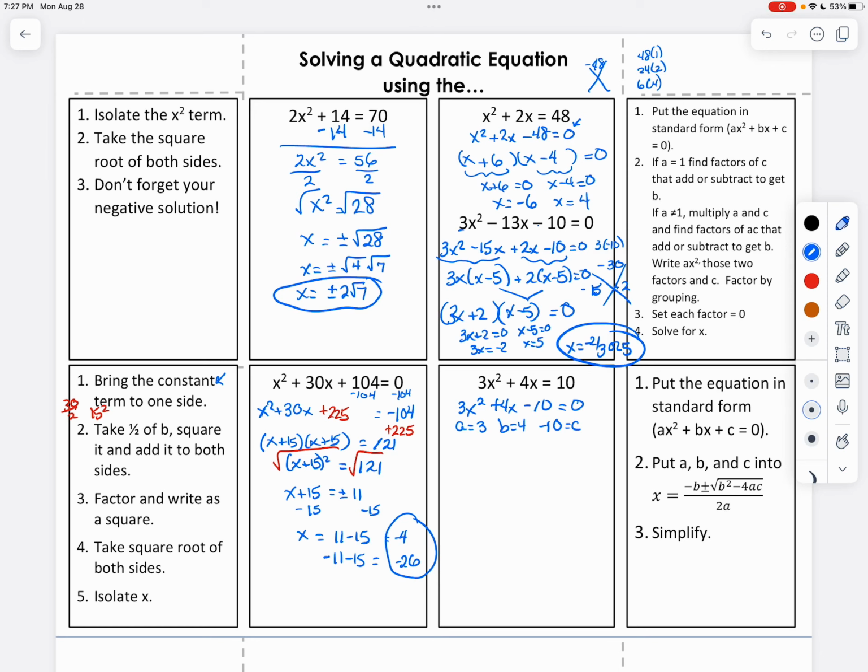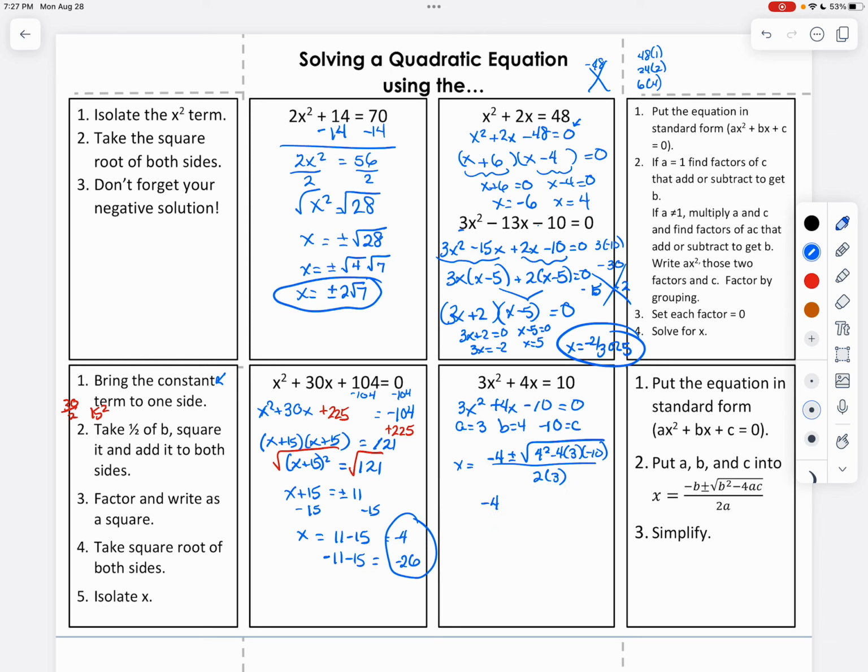So we plug it into the quadratic formula. X is equal to the opposite of b plus or minus the square root of b squared minus 4 times a times c all over 2 times a.